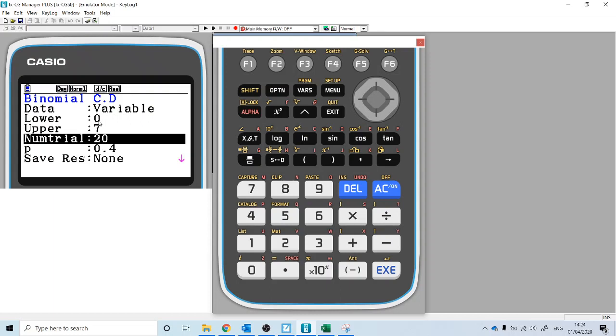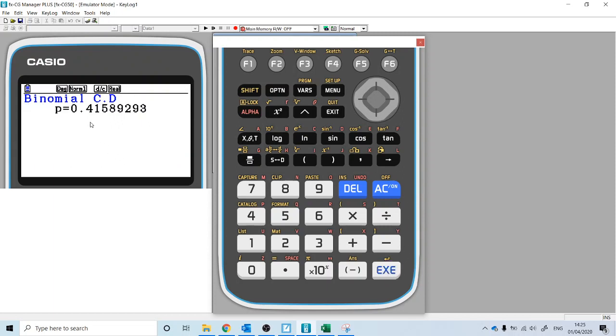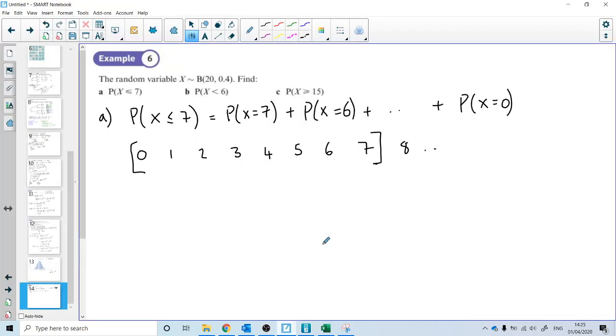So that's going to do probability of 0, plus probability of 1, plus probability of 2, all the way up to probability of x being 7. And we're going to keep our number of trials as 20, probability of success is 0.4, and we get 0.416. So this here is 0.416. Now you don't even need to show any working on your calculator, because the examiner knows that you've got this function on your calculator.